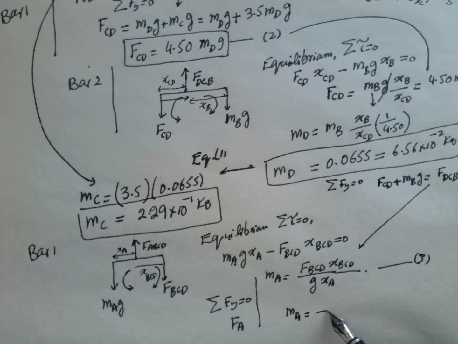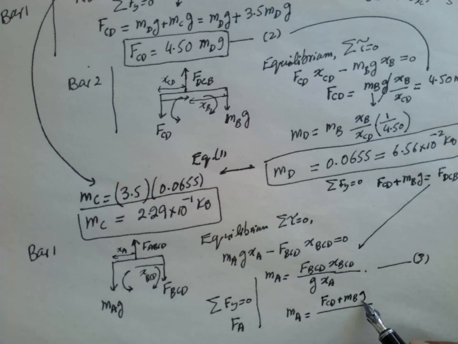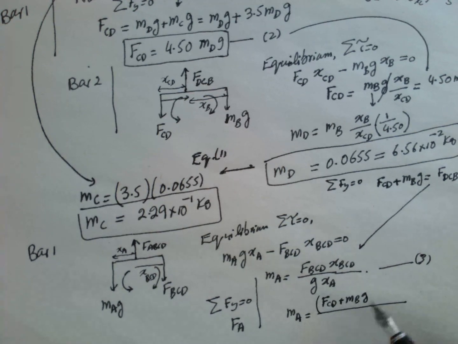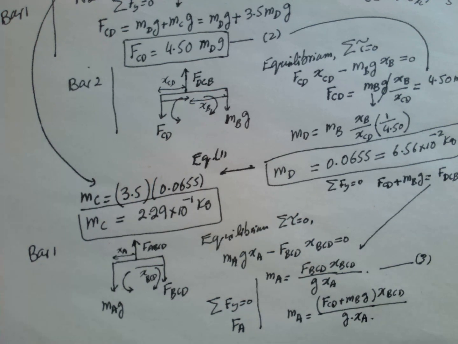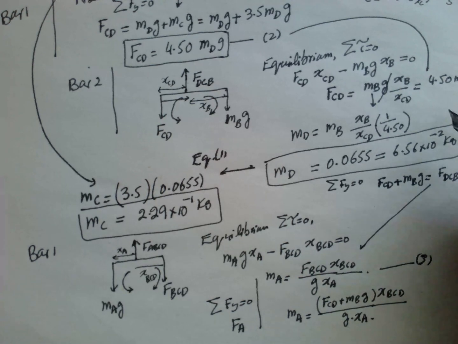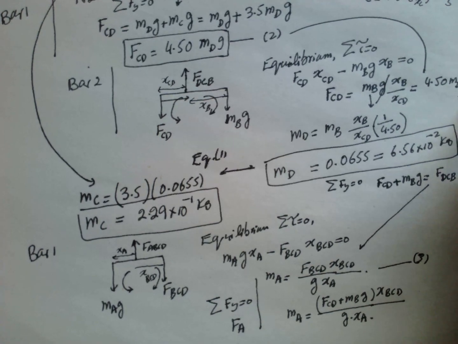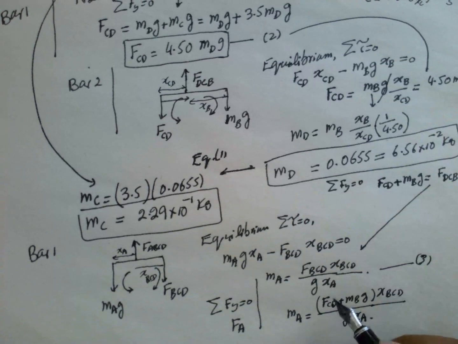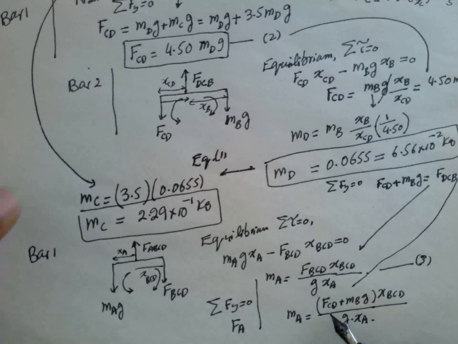MA is equal to the sum of F of CD plus MBG times X of BCD over G XA, and FCD is from equation 2.